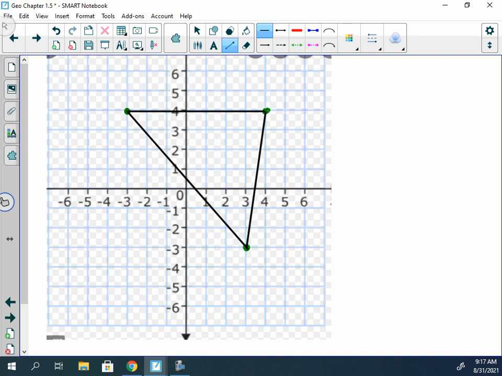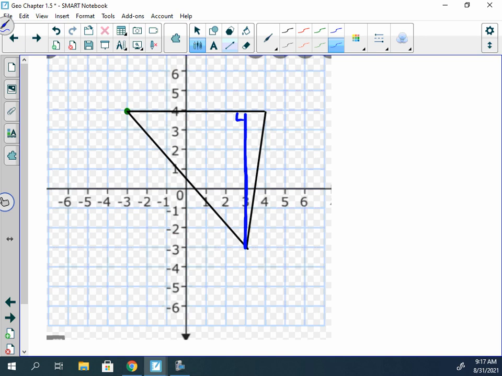So I see what they're doing. Most of these, the way that I showed you guys is the way to find the height of the triangle. Now, here, we can't quite say that this line here is the height, but we need a line going straight up and down from a vertex to a side that makes a right angle with that side. That is going to be the height.